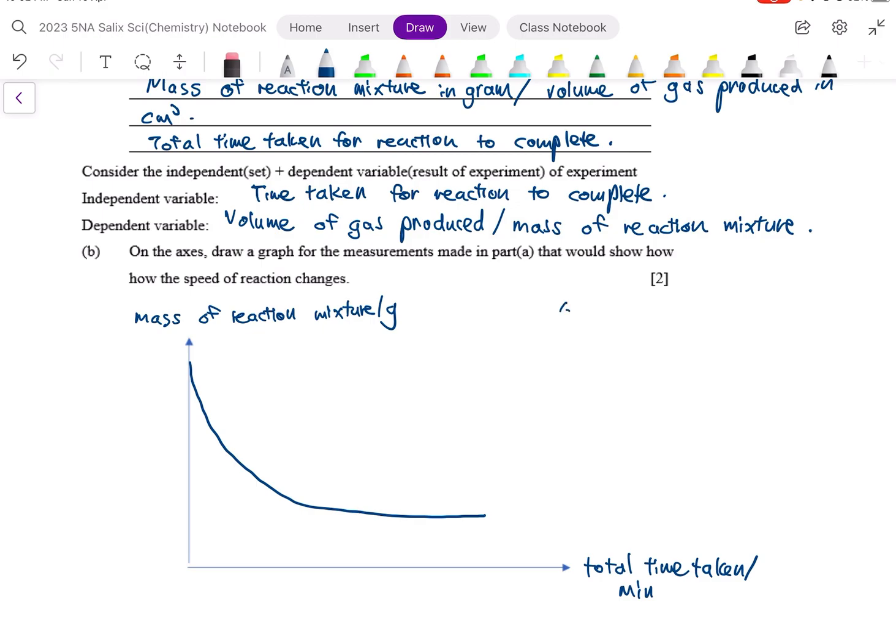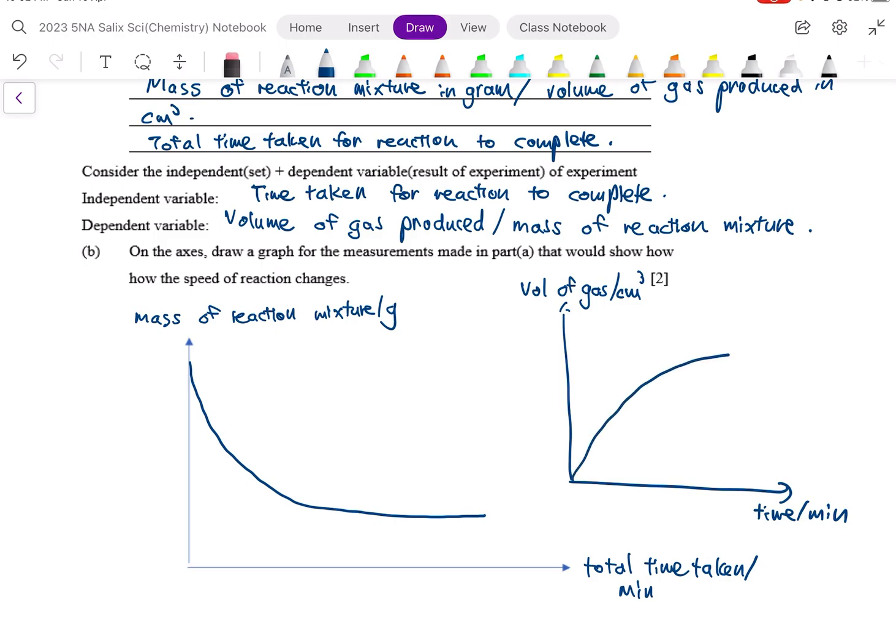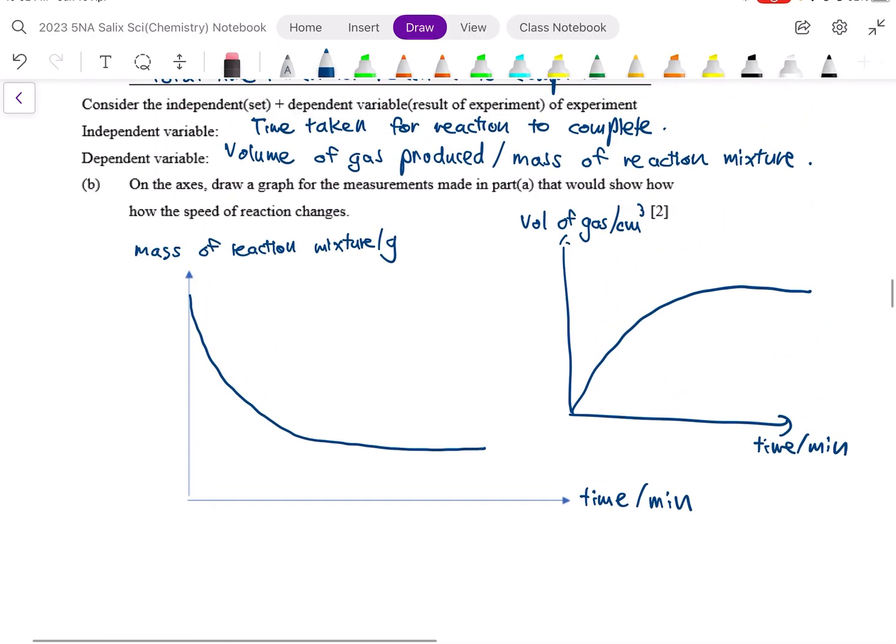If you want the volume of gas one, that also can, no issue, but the unit is in centimeter cube and the time is in minutes.